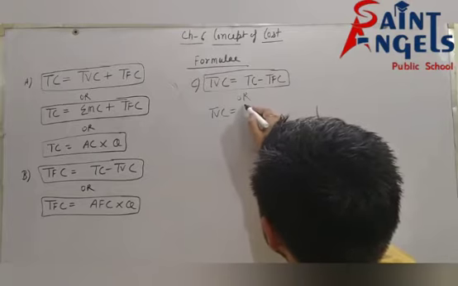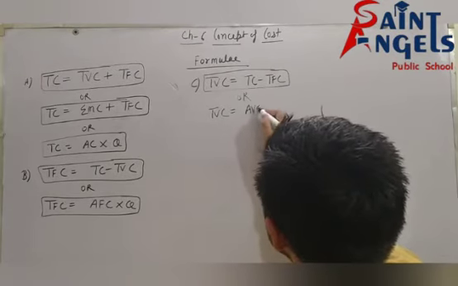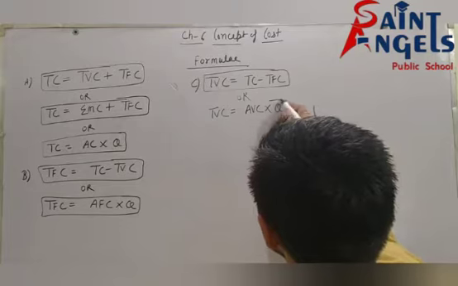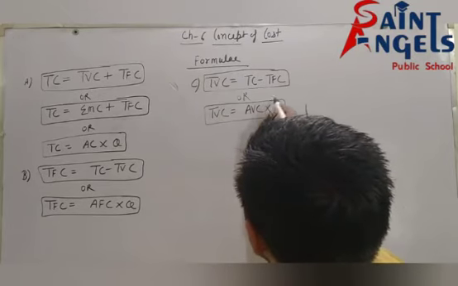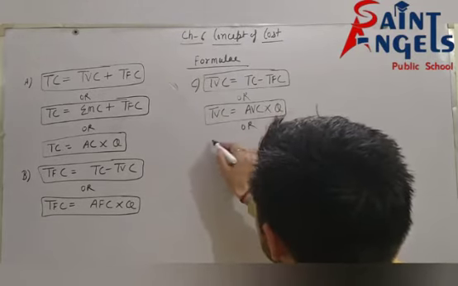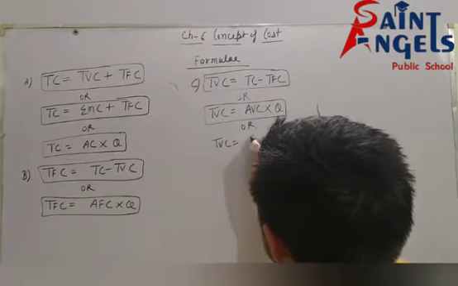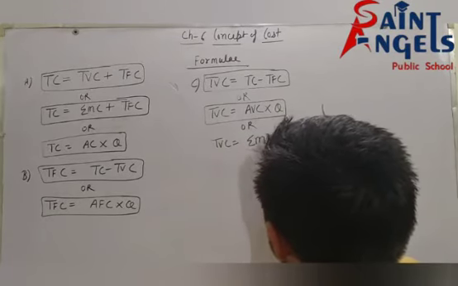TVC is equal to AVC into Q. TVC is equal to sigma MC.